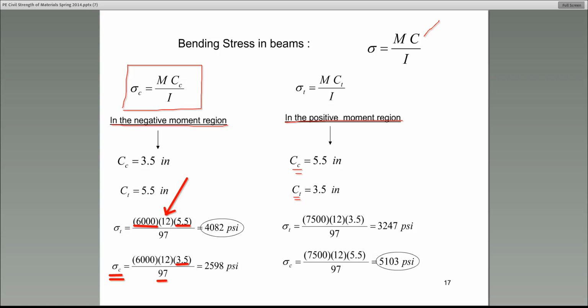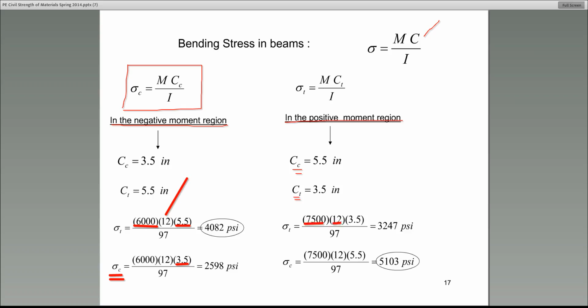Let's move over to the positive moment region. In the positive moment region, what do we have? We have the moment which is 7,500, and tell me, that 7,500 is foot-pounds.